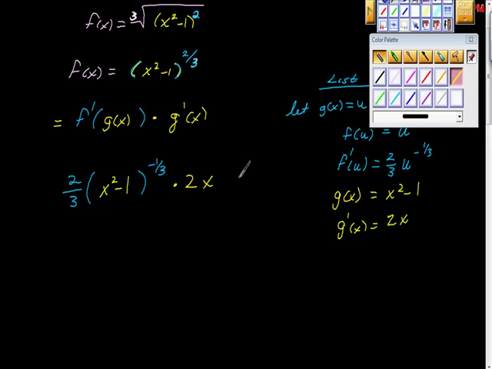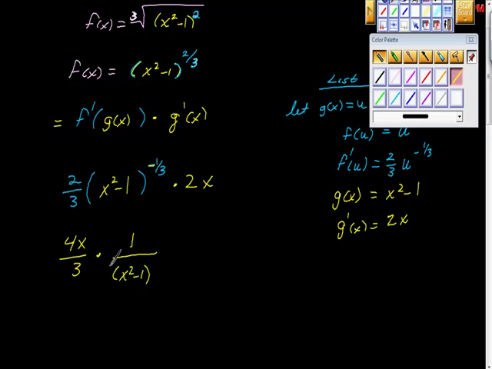So believe it or not, we're kind of done. There's not a lot of work we can do here. We could certainly multiply this 2x. These are all factors. This is a factor, this is a factor, this is a factor. So we can take these factors out of order. So we can multiply 2x times 2/3 and get 4x thirds, can't we? And we can do this. We have a negative exponent here, so we can cure that negative exponent by doing this, x squared minus 1, right?